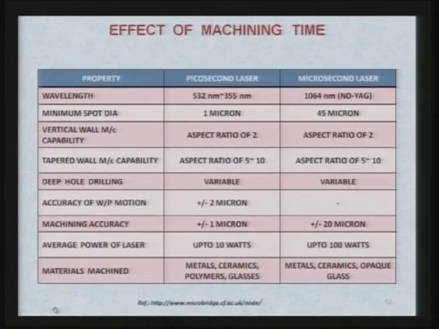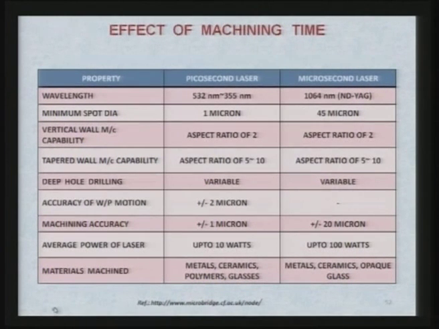In case of minimum spot diameter, it is 1 micron in case of picosecond and around 45 micron in case of microsecond lasers. Vertical wall machine capability, aspect ratio of 2 in case of picosecond and aspect ratio of 2 in case of microsecond laser as well. Now, tapered wall machine capability, aspect ratio of approximately 5 to 10 in both the cases.